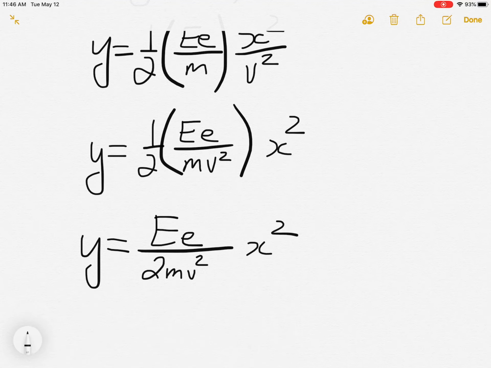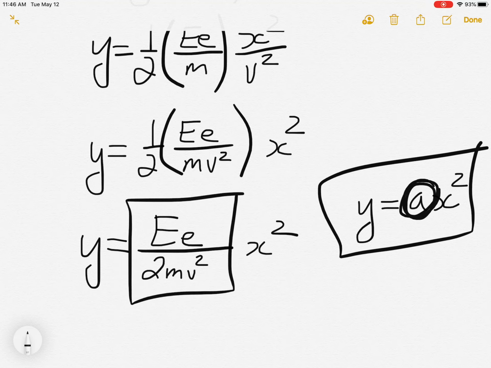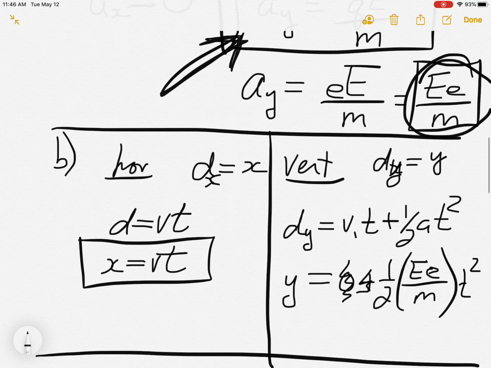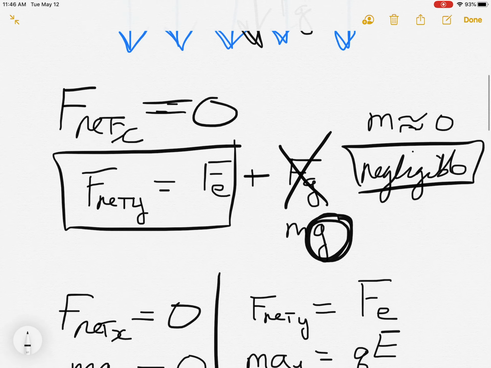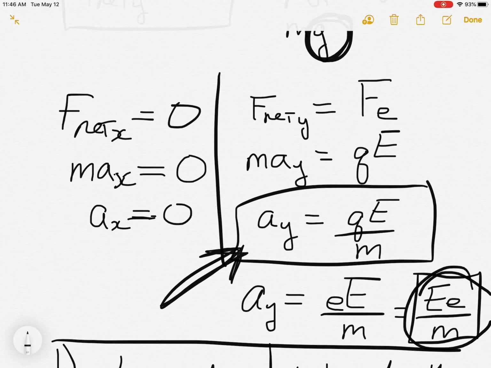Actually, we could even go further and do it like this, EE over 2mv squared, which is probably how I would write it, and probably how most books would write it. So this is really just a very simple parabola equation, where the A value is this gunk, which came from the electric field force that was put on it. So that's how you go through that question.